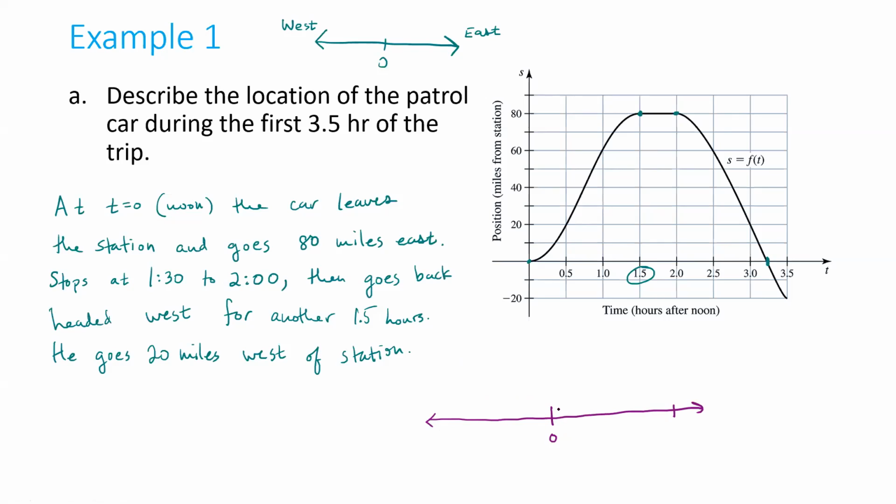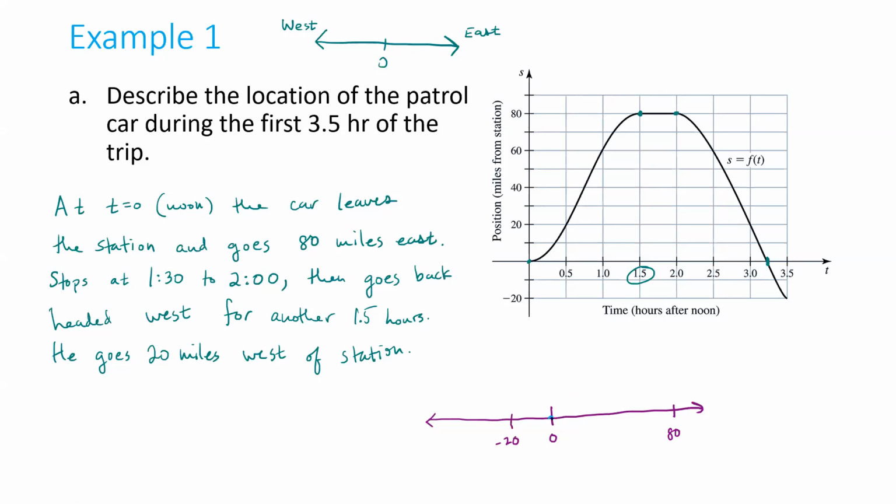After 1.5 hours, he's going to go to this location 80 miles east. And then he's going to hang out there for a half hour. And then he's going to change directions and head back west, but he's going to go 20 miles past the station.